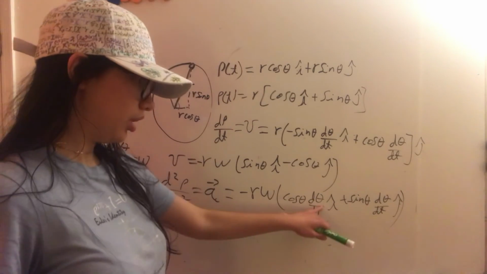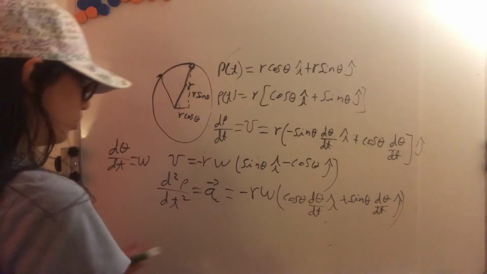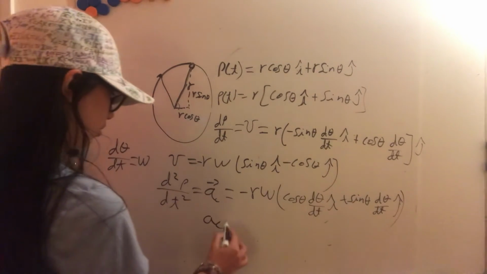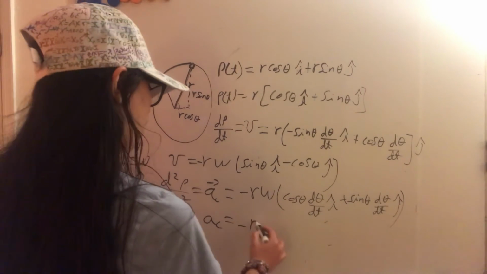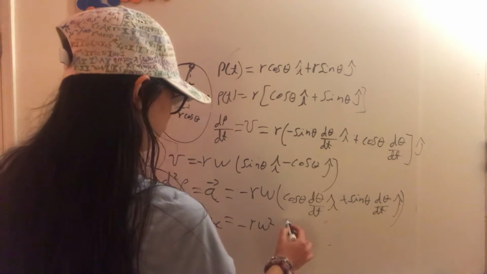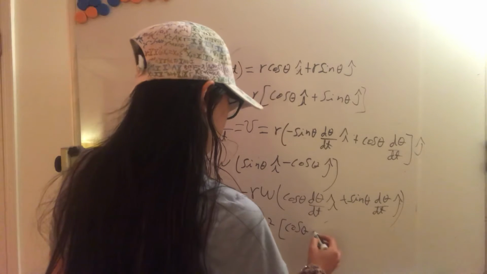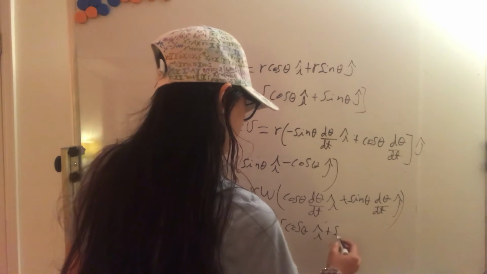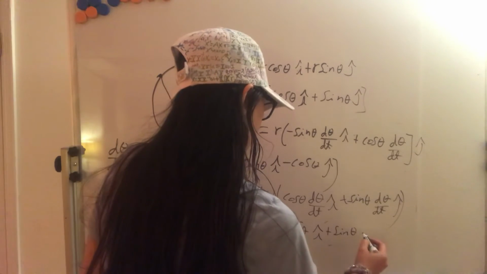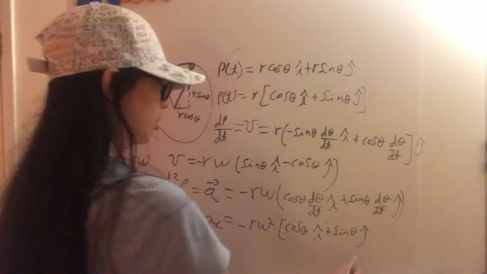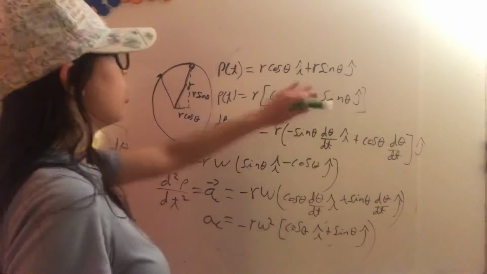And we know that d theta/dt is omega, so again the centripetal acceleration is minus r omega squared times cosine theta times the unit vector i plus sine theta times the unit vector j. And this is exactly the position.